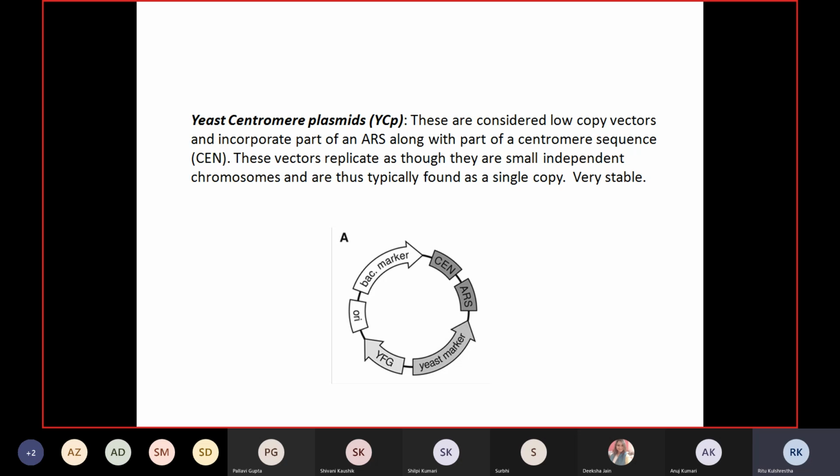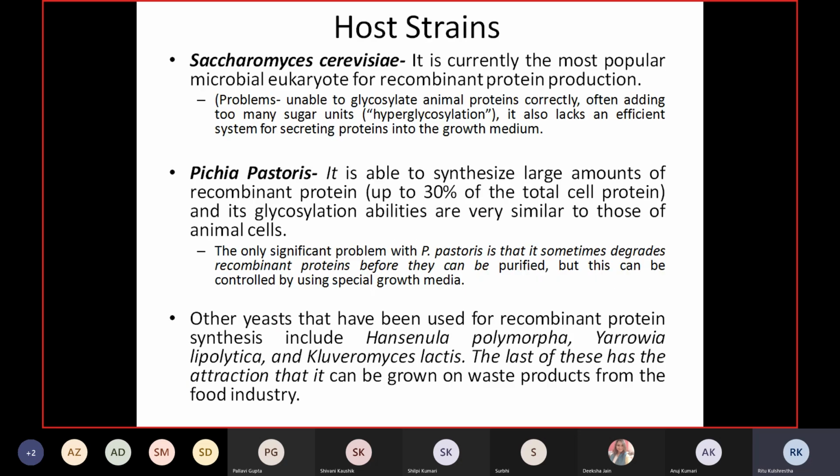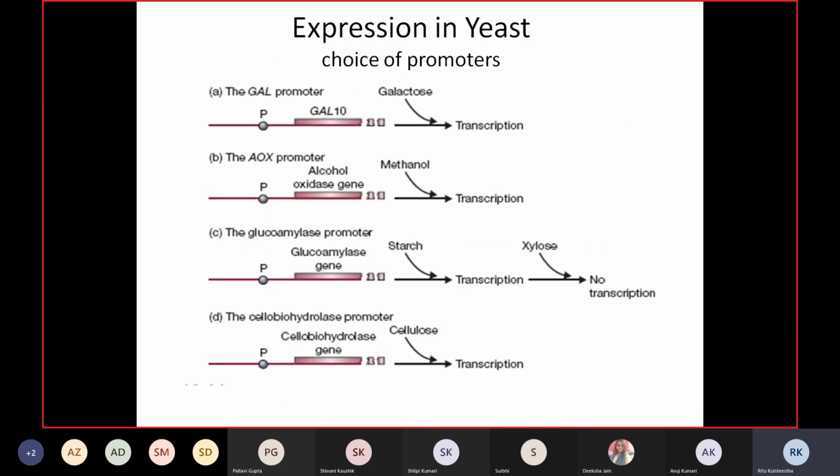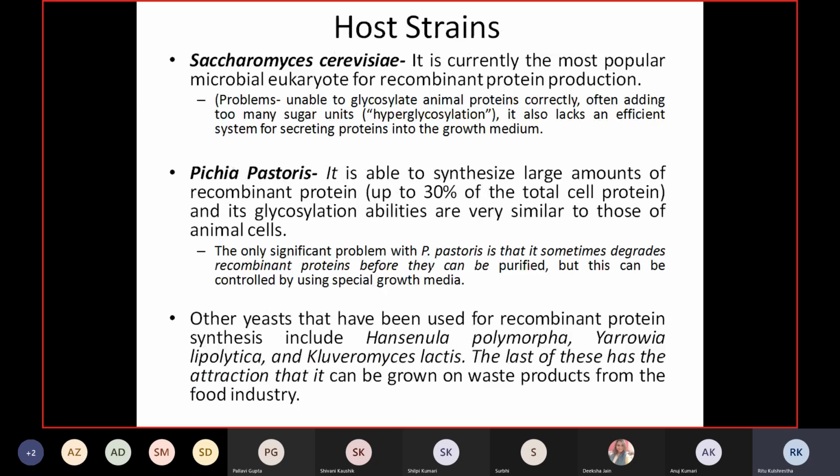It was one of my early classes. So similarly for yeast, we have various strains which are used. I'll come back to the various vectors and promoters that are used for expression of a particular gene in yeast. But let me first introduce you to the host strains. So S. cerevisiae, like in bacteria you had E.